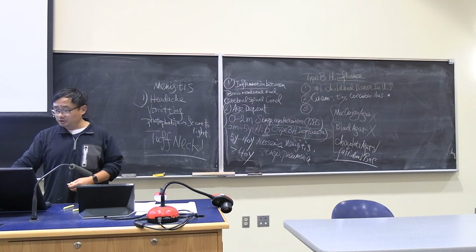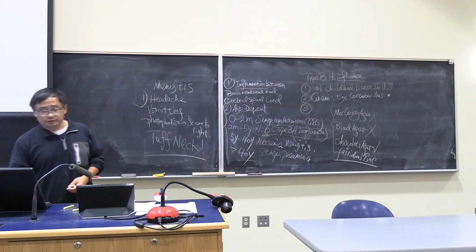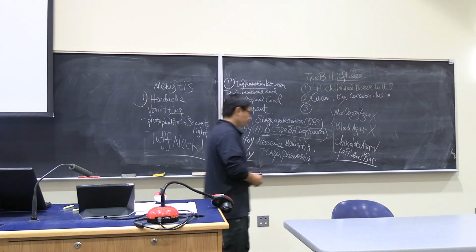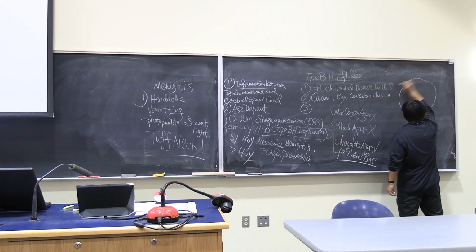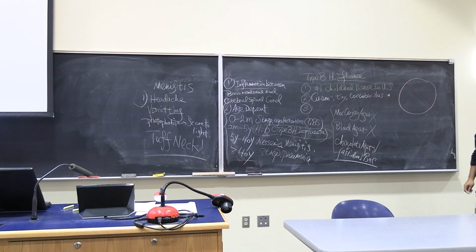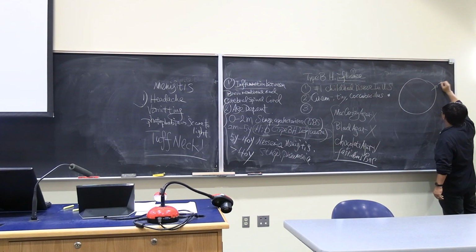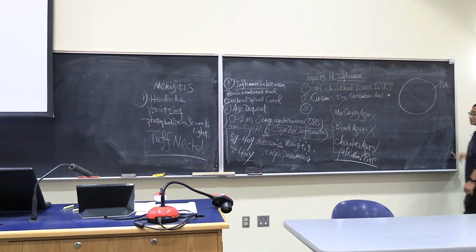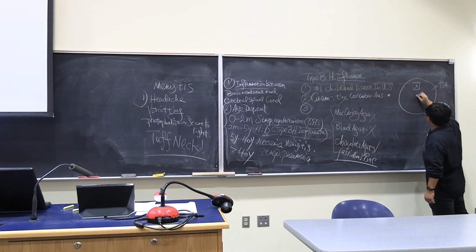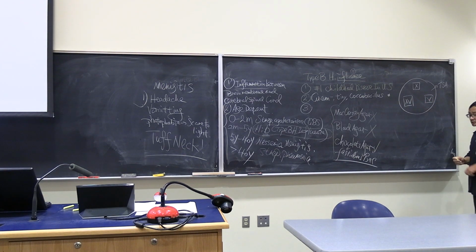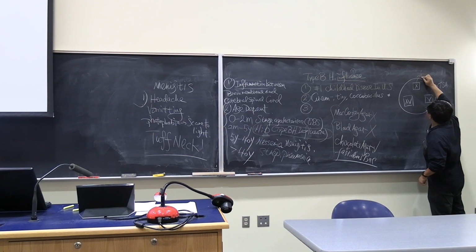And more interestingly, when people did the research, what they found is, if I have a neutral agar or a TSA agar, and I put some factors there, the X factor and the V factor. So what does X mean? That's hemin.